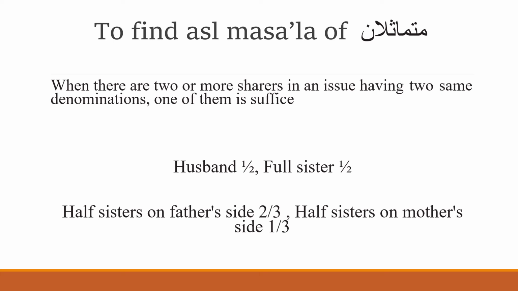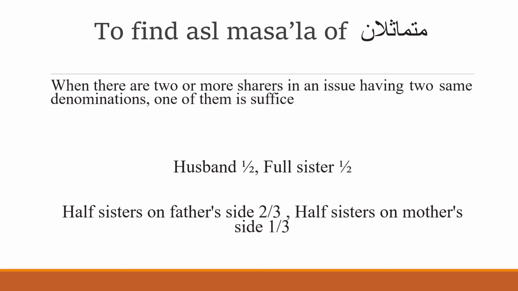The third is where the denominators won't be the same and won't be multiples, but there will be a factor by which both digits can be divided. For example, 6 and 8 have a common factor, that is 2.